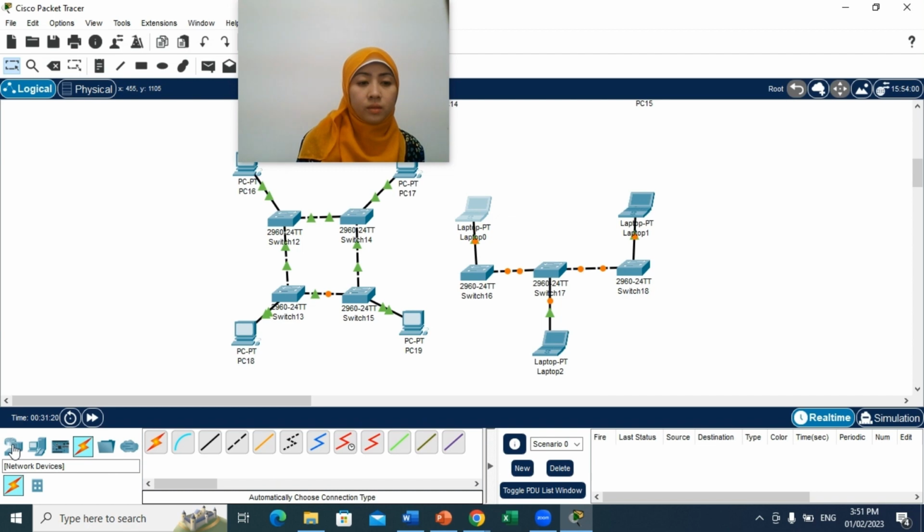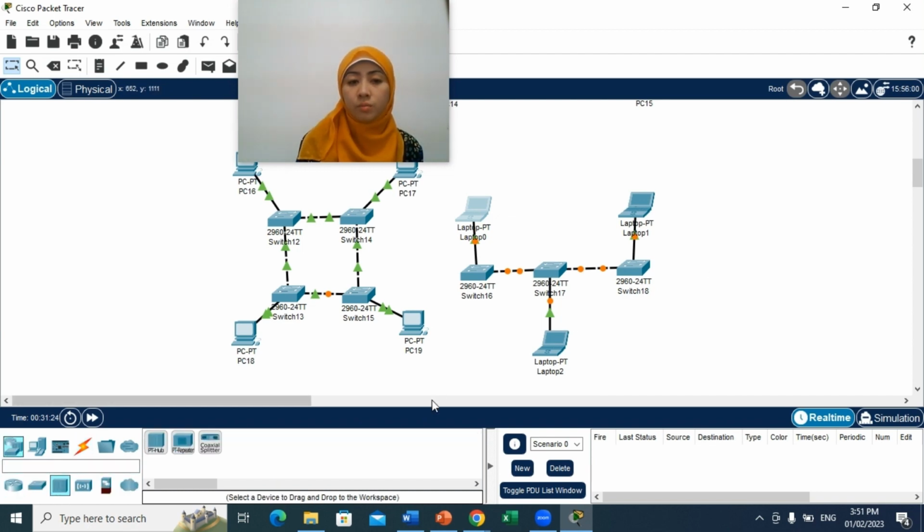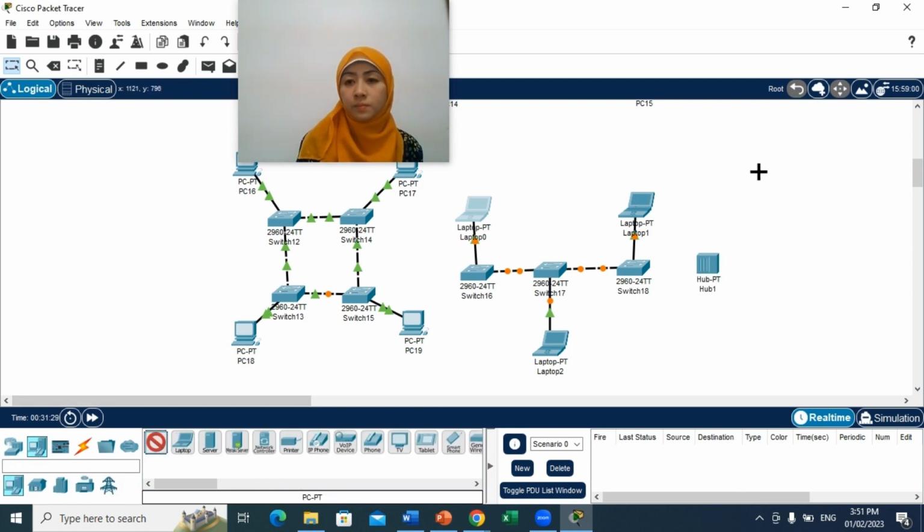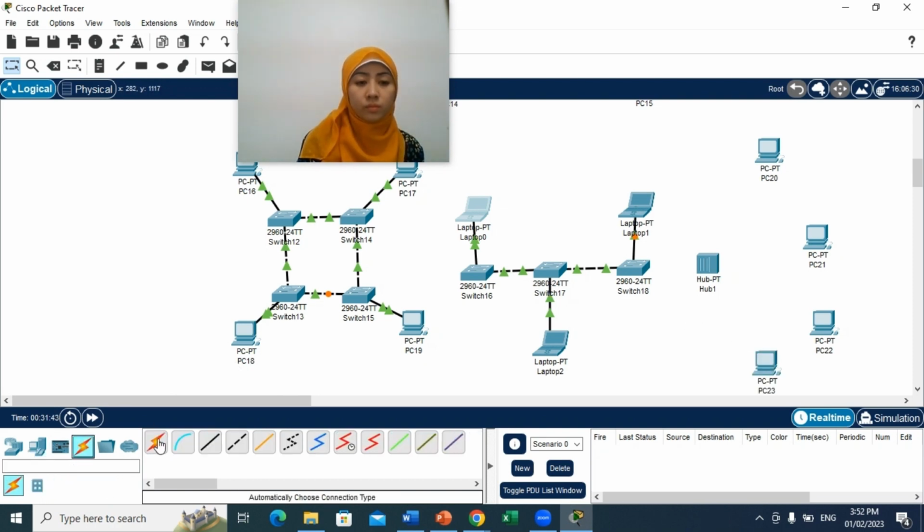And then I will add one hub here because I will make a star topology. Connect the hub.